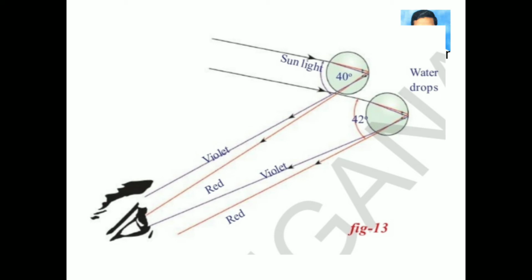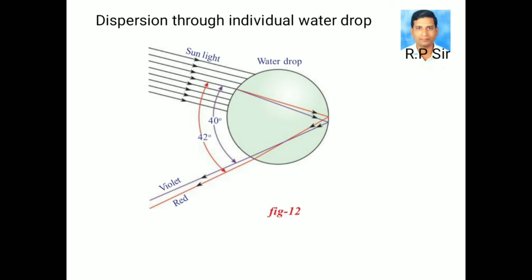To see the red light, one must look at the top drop of rain in the sky. The color red will be seen when the angle between a beam of sunlight and light sent back by a drop is 42 degrees.